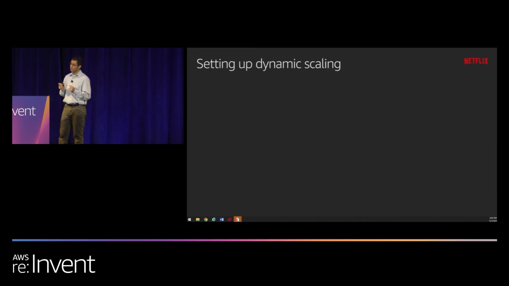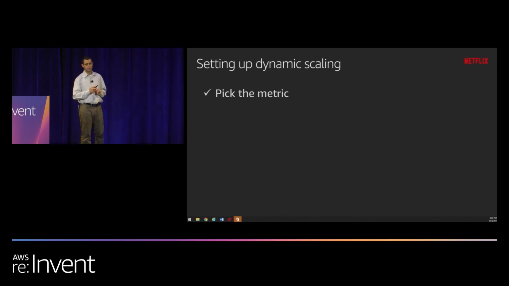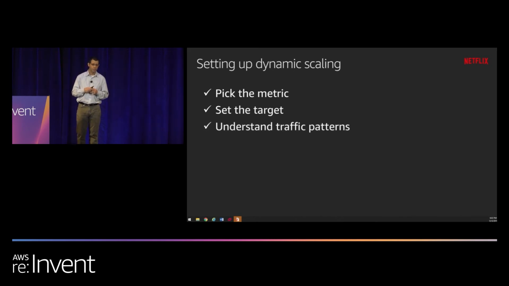OK, setting up dynamic scaling involves these 4 steps. First of all, we need to pick the metric. Then we need to pick the target or the threshold, our scale-up threshold. Then it's advisable to understand the traffic patterns and make sure that our first 2 choices, the metric and the target, are still valid based on the traffic pattern that we observed.